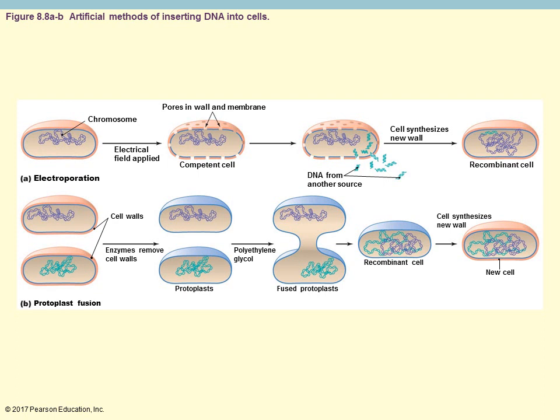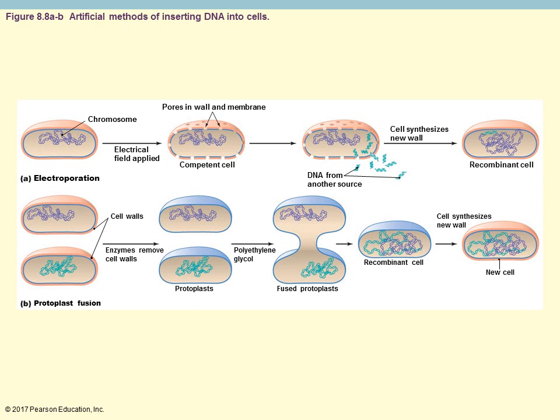So protoplast fusion and electroporation are shown here. In electroporation, you have your bacteria, you apply an electrical field, and it creates pores or openings in the cell wall and cell membrane that then allow the DNA from another source to move in. And yes, the cell is going to repair and make new components of cell membrane and cell wall to repair those pores or holes.